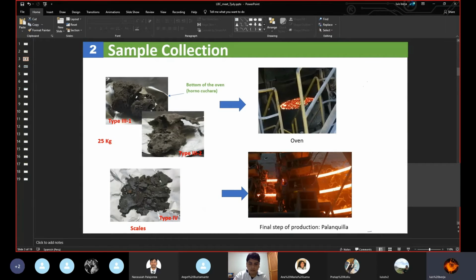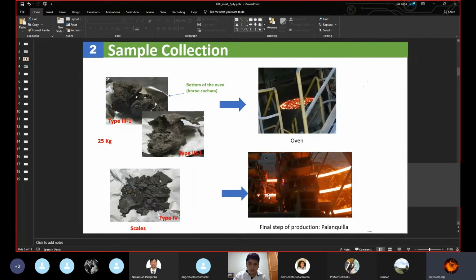This is a photograph of our samples. Type 1 and type 2 come from the ladle oven, the remnant in the walls, and the scales. This layer forms when it reacts with the environment.